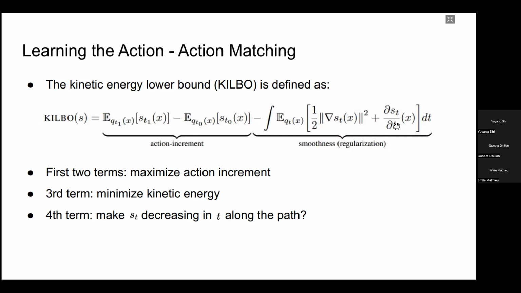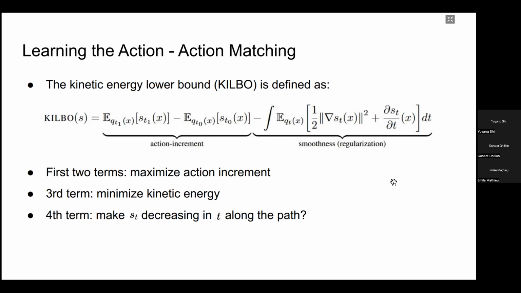And so this integration will now be again kind of similar to these two terms. It will give you another action increment, it seems. And if we have another two times, say t2 and t3, so if it's like t0, t2, t3, t1, then I think it should give you something like the action increment between t1 and t3 plus the action increment of t2 and t0, something like that. But I'm not too sure about this, but I don't think it's regularization, as they say.